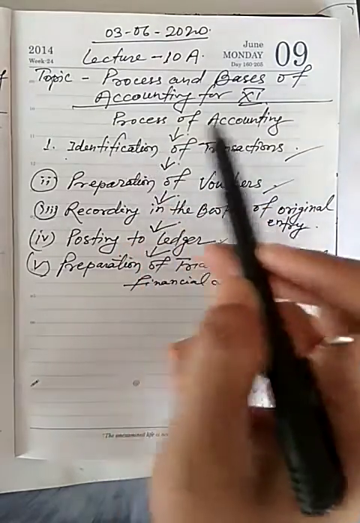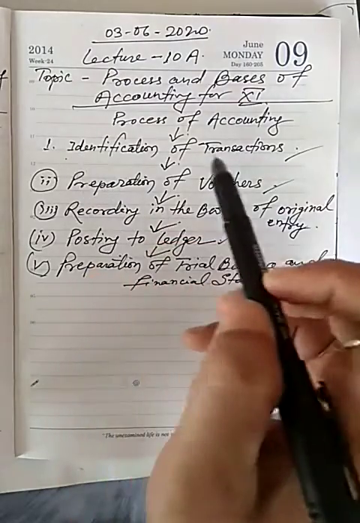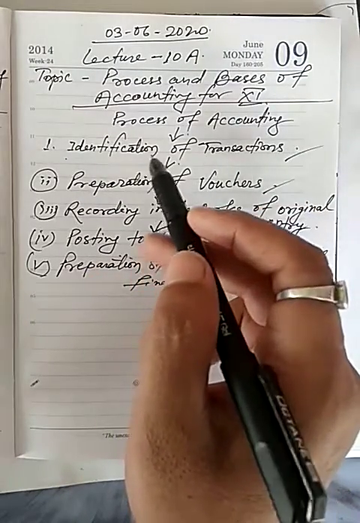So, identification of transaction include these things.